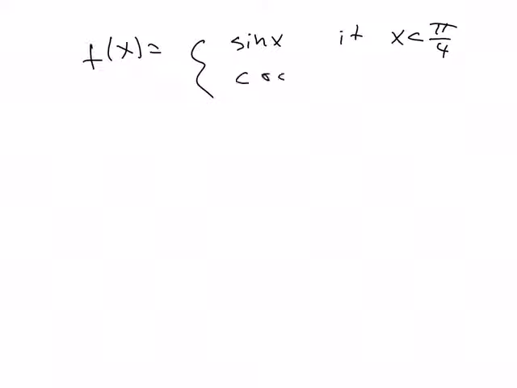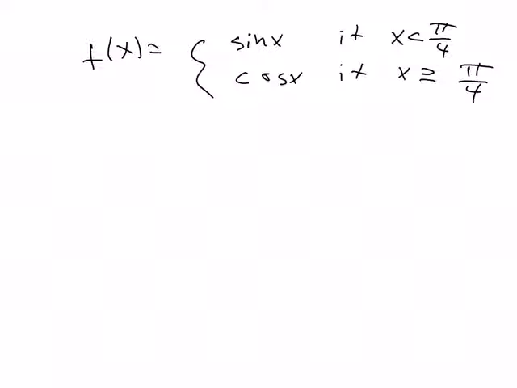Looking at the next problem, we want to show that f of x defined as sine of x if x is less than pi over 4, and cosine of x if x is greater or equal to pi over 4, is continuous.